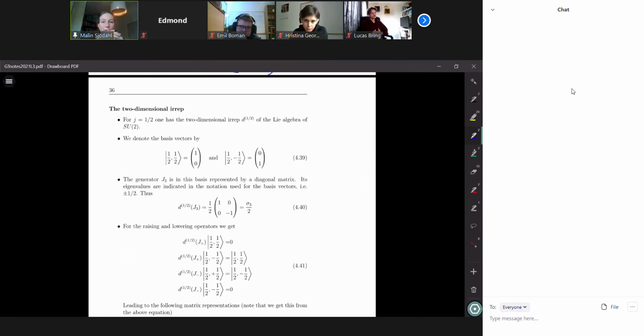Okay, now we'll have a look at two representations that we encounter pretty much all the time, the two-dimensional representation and the one-dimensional representation. So first we consider j equal to 1/2. So this is the lowest dimensional representation that we couldn't have for SO3.